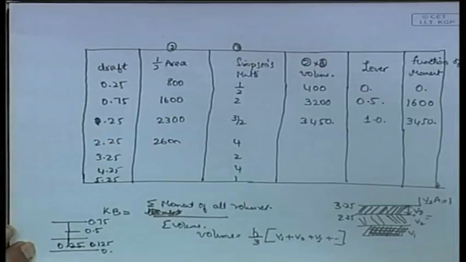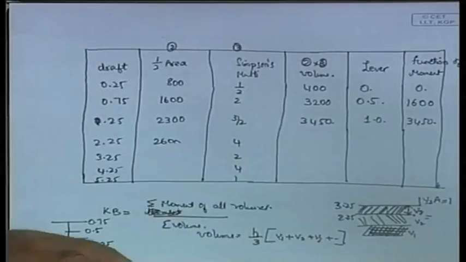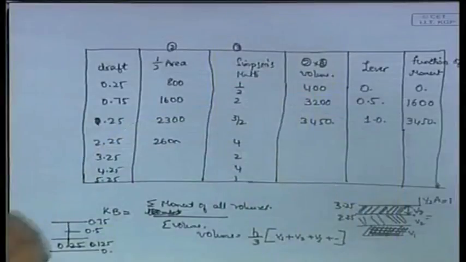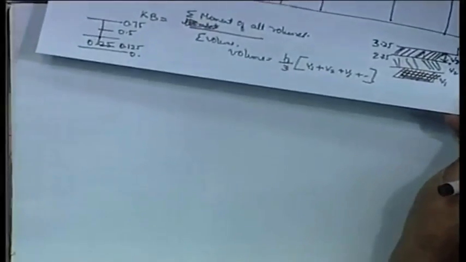Actually, that seems to be correct, what you are saying. Let me check this up. You're right. Okay, 0.25 to 0.75 is 0.5 and half. Let me see that. All right, then I'll check that and tell you.